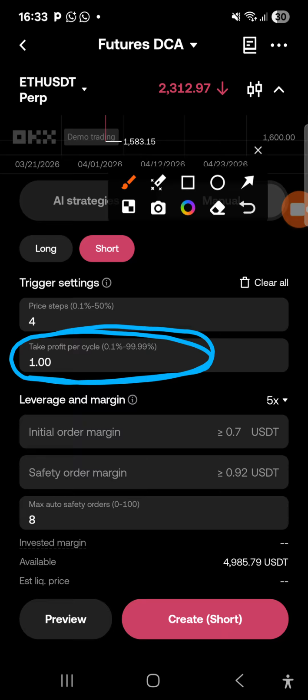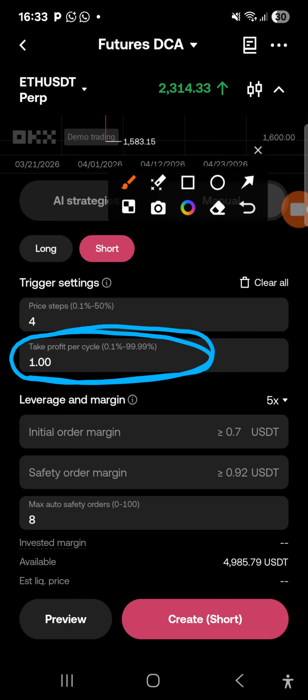Okay, you can either put 1% here. When the price moves by 1% in your favor, you take the profit, any profit that is there.